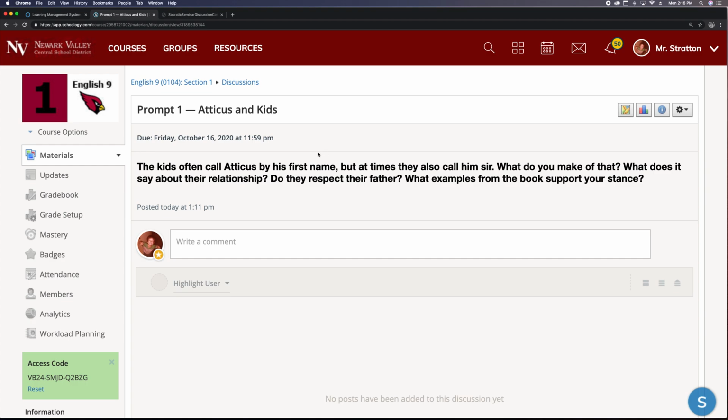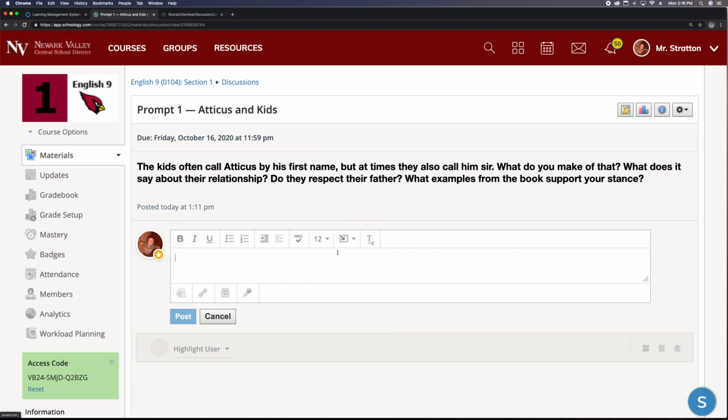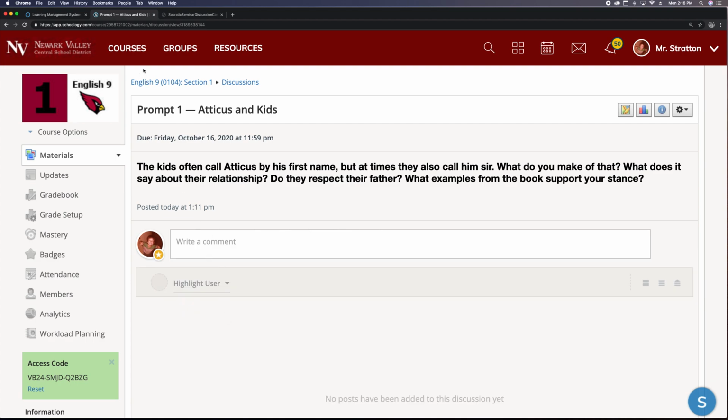Do they respect their father? What examples from the book support your stance? And here's where you would write your response. If this is one of the 2 prompts that you're going to respond to, you'll write here. You won't be able to see what anybody else has written, but you'll be able to write your own thoughts. So that's prompt 1.